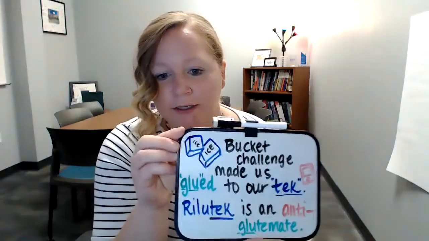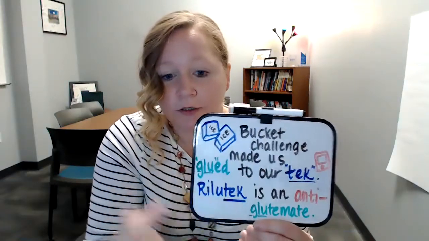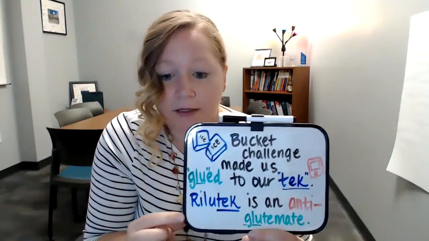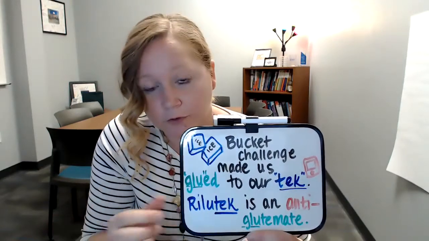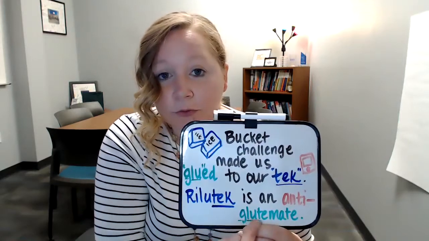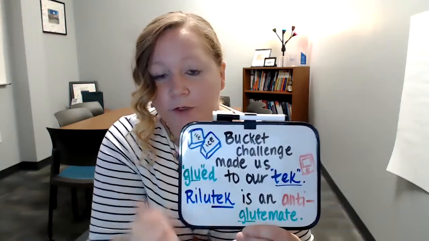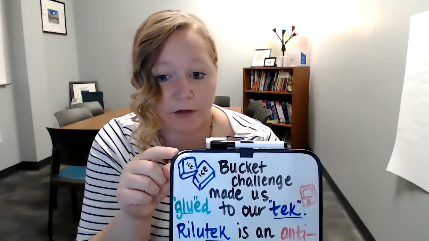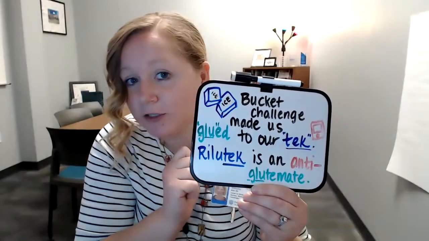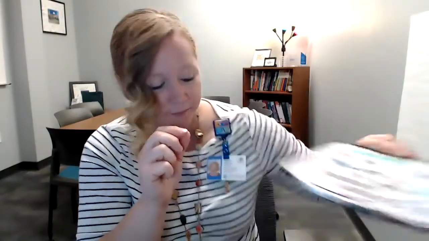So the ice bucket challenge made us glued to our technology, to our tech. So the med is Rilutek, or riluzole is the generic name, but Rilutek is an anti-glutamate. So we were glued to our technology waiting to get called out for the ice bucket challenge. Rilutek is an anti-glutamate, glued to our technology.